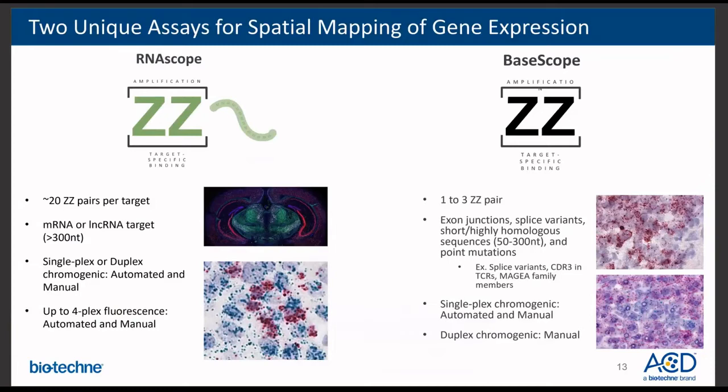Singleplex chromogenic is available in automated and manual services, and duplex chromogenic is only available in manual. You can see nice images: the top image on the right side is BaseScope singleplex, and the bottom image is our BaseScope duplex done with manual staining.